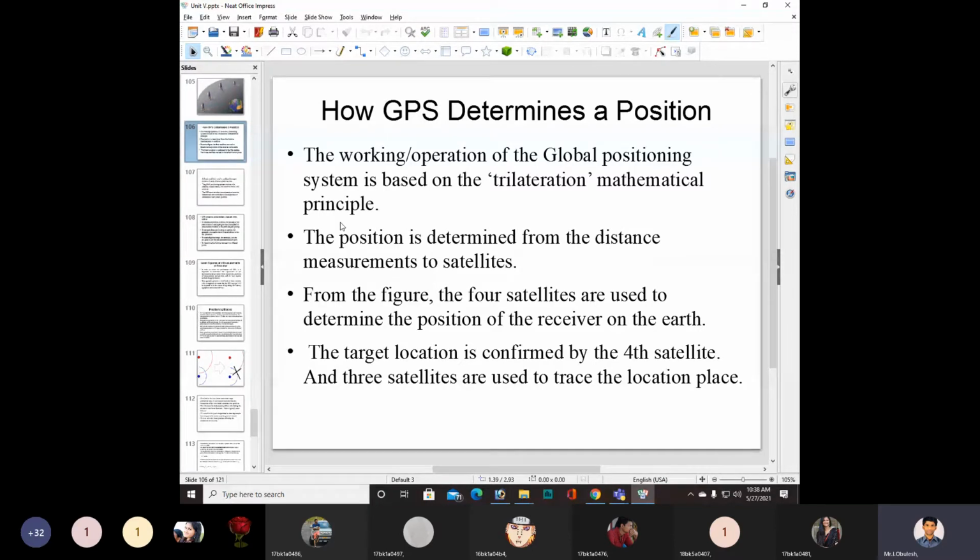The remaining 3 will be tracing the locations, and the fourth one will confirm the target location, the exact location.